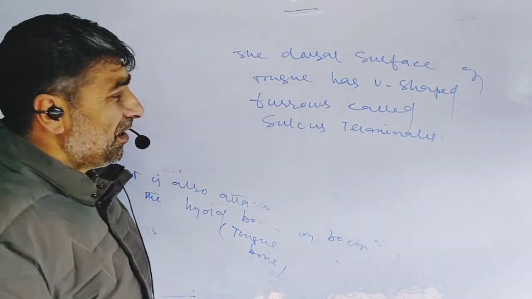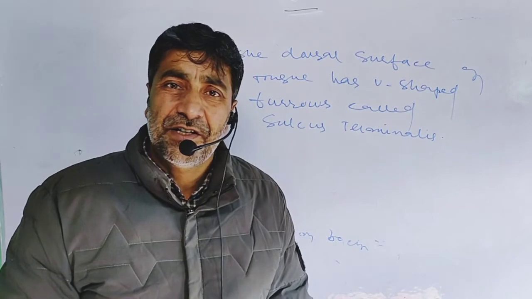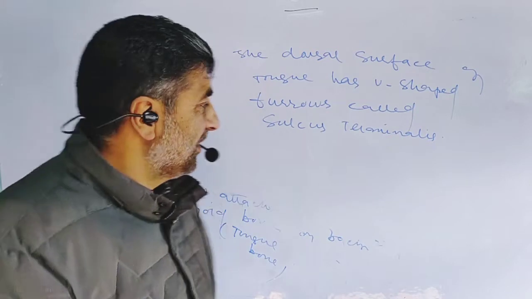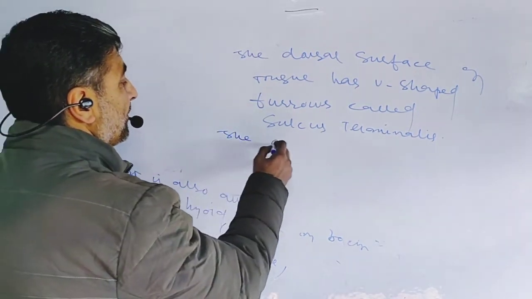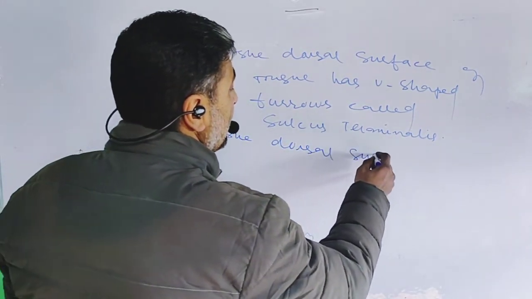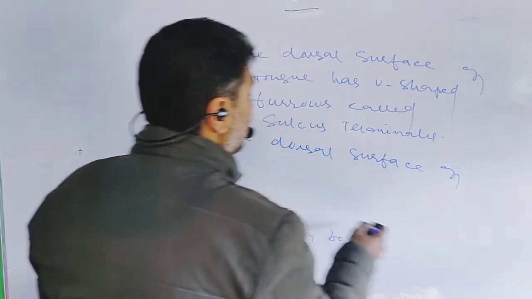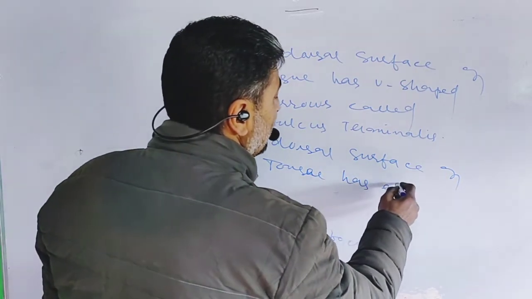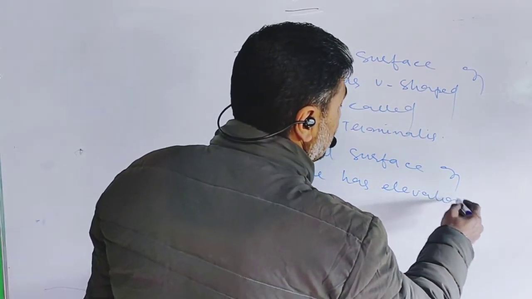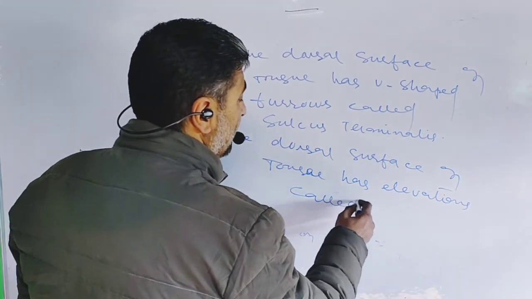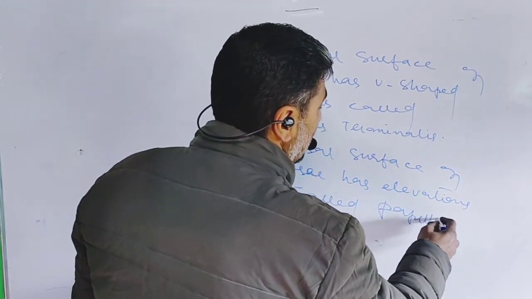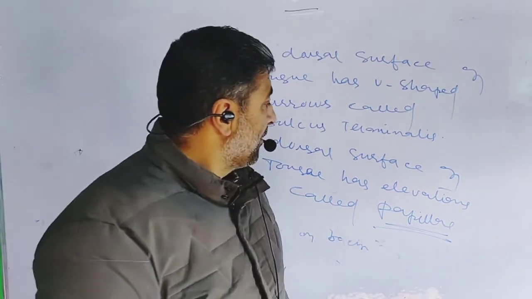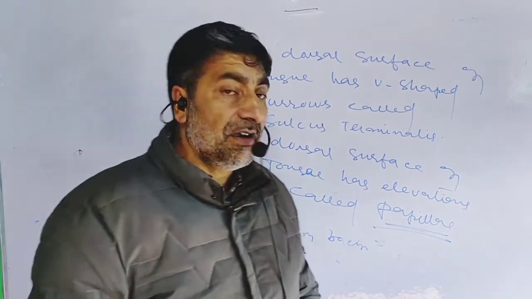The dorsal side of the tongue also has elevations. They are called papillae. The dorsal surface of the tongue has elevations called papillae.